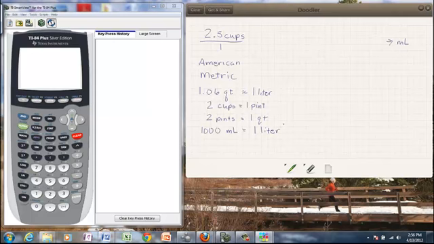So now I just have to organize these so that everything cancels and we can get to our goal. Now remember, our starting information is cups. So looking through my list of things down here, I'm going to start with this one first. There's 2 cups in 1 pint. I want the cups to cancel. So there's 2 of those in 1 pint.